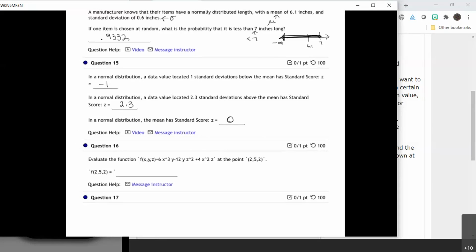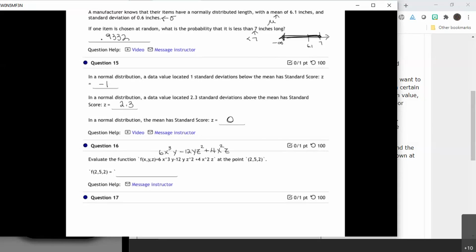Okay, again, this function is 6 times x cubed y minus 12yz squared plus 4x squared z. Okay, again, as I said before, it rendered strangely when I printed it. I think it will be okay in the quiz.